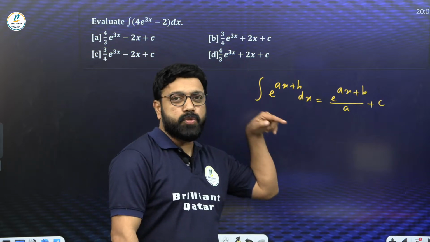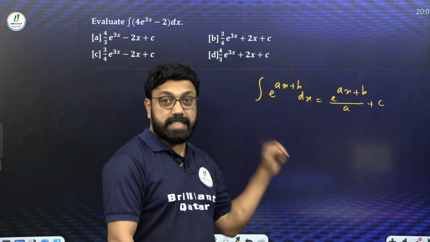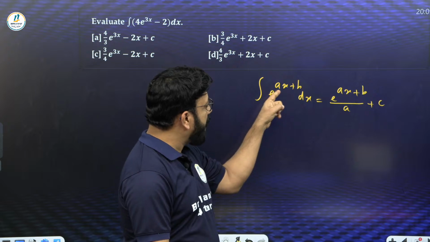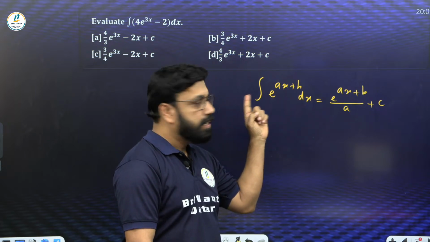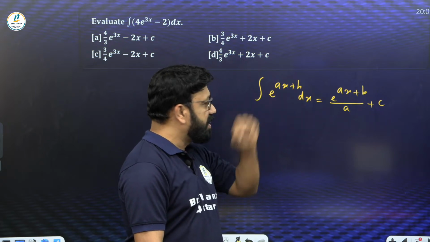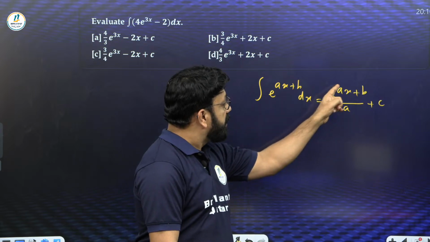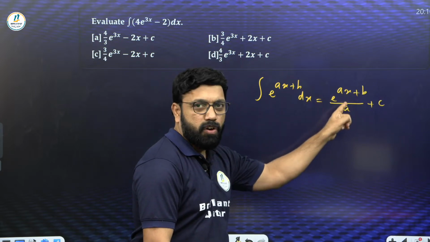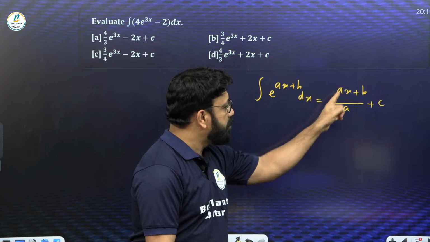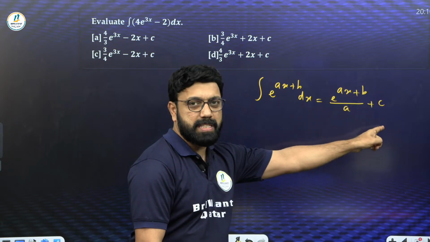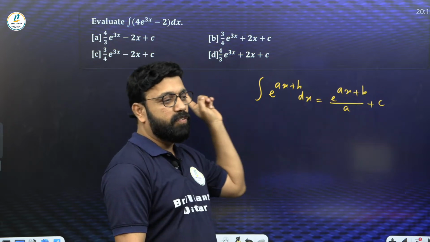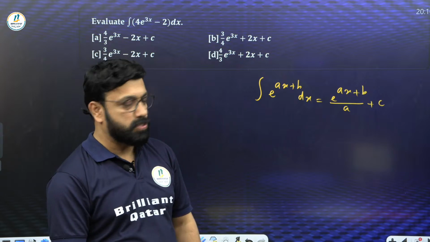The integral of e raised to x equals e raised to x itself, but when e raised to ax plus b is there, the coefficient of x is a, so we divide e raised to ax plus b by the derivative of ax, that is a, plus c. That is the idea. Then what will be the answer of this question?